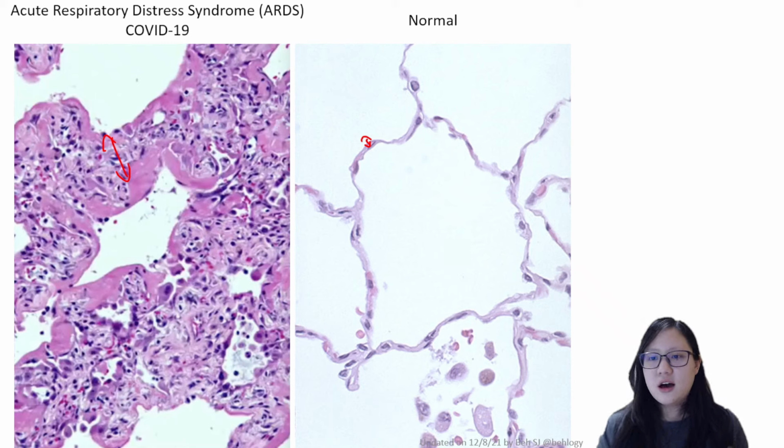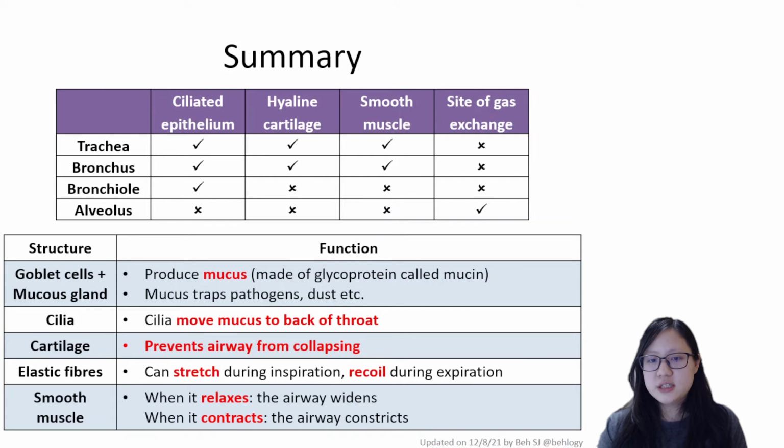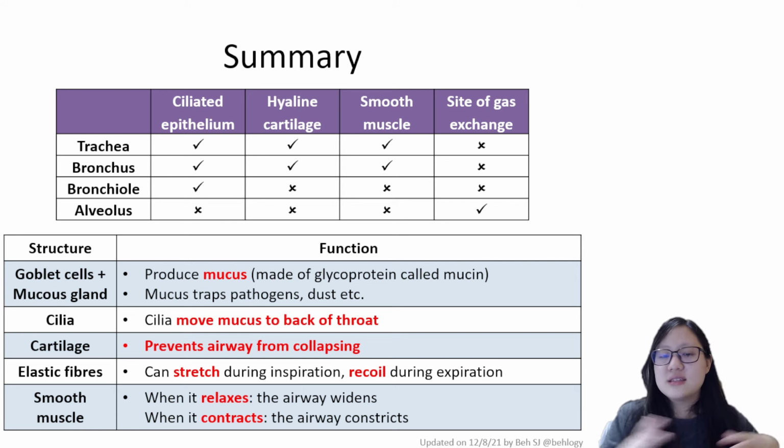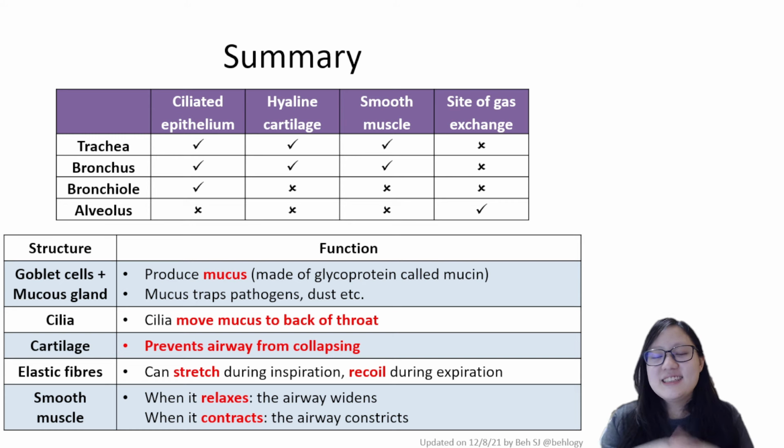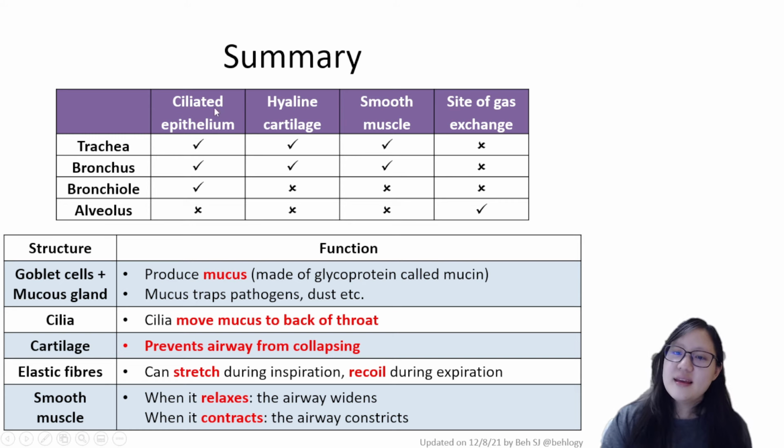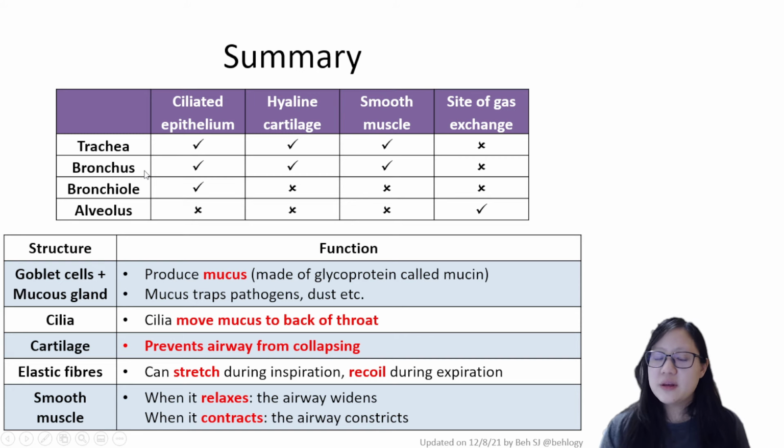Anyways, we talked about the trachea, the bronchus, the bronchiole, and the alveoli, and that's it. This is the entire chapter. Now, this is a little summary table showing you what each structure has. So, ciliated epithelium is found in the trachea, bronchus, and bronchiole.